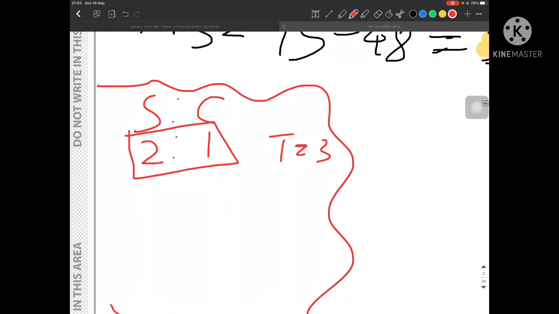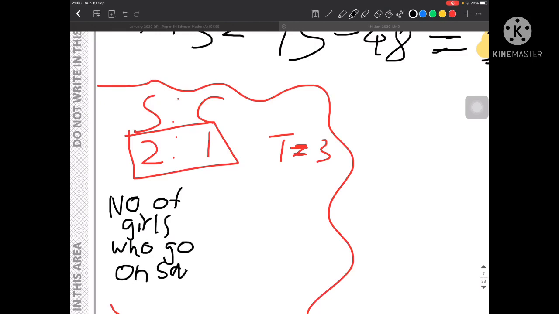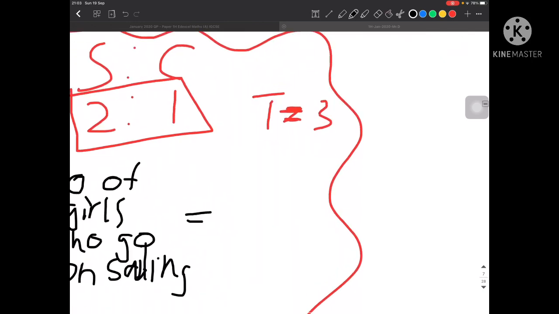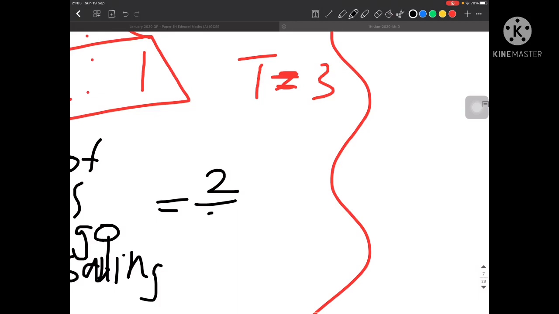So this means that the number of girls who go on sailing is 2 out of 3 multiplied by the number of girls.